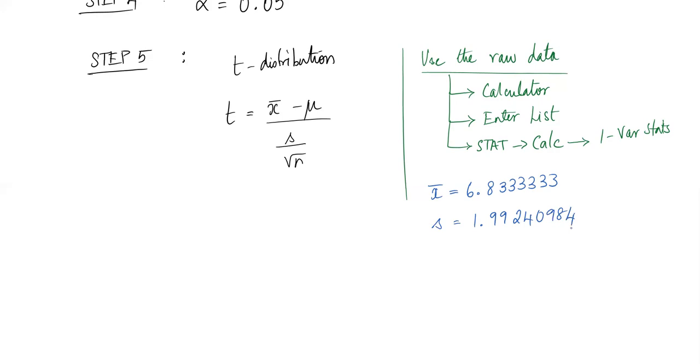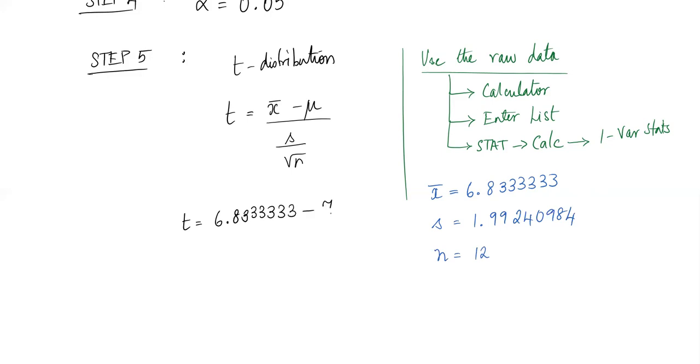The n must show us 12, of course. Remember there is sigma x and there is sx in your calculator. Make sure you're using the right notation. Take those values and plug them in. Please do not round them prematurely. So it's okay if you had to enter this long number.